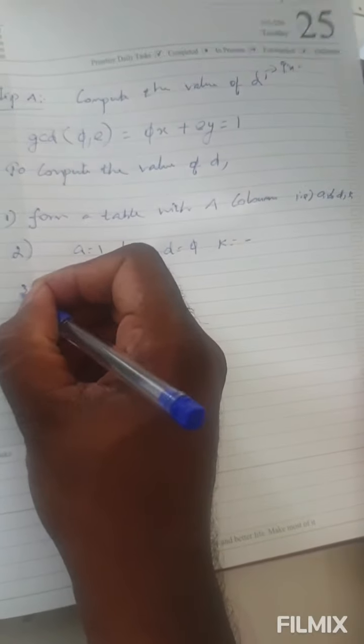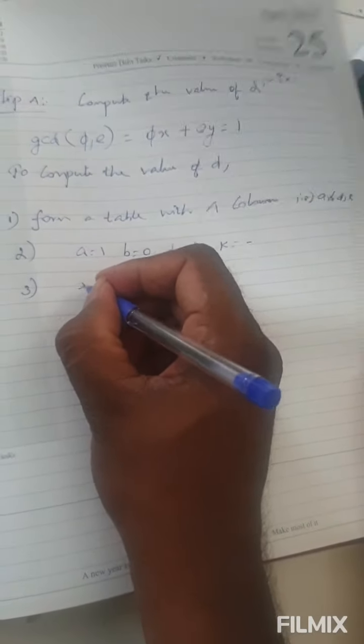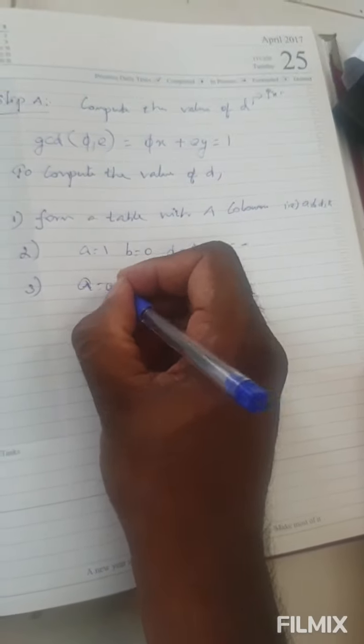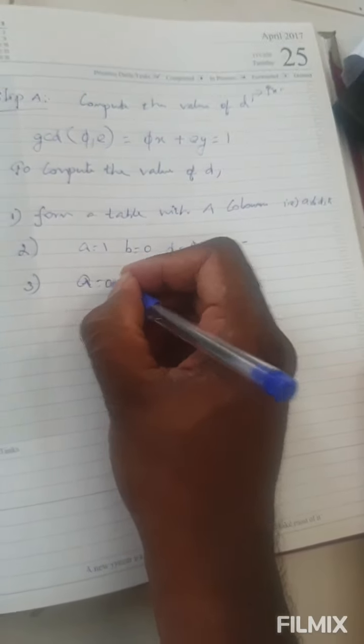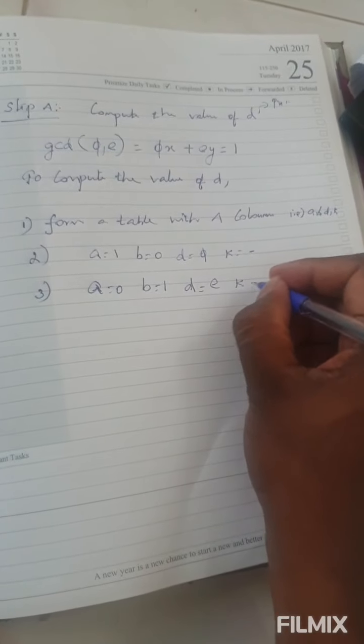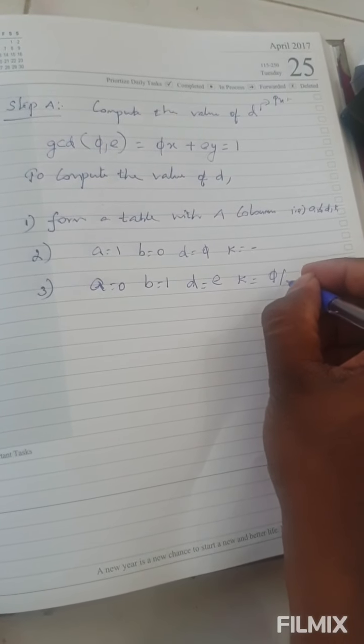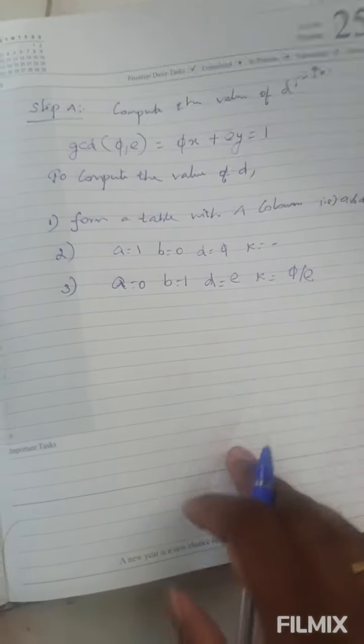Then in the second row, initialize A equal to 0, B equal to 1, D equal to E, and K equal to phi divided by E.